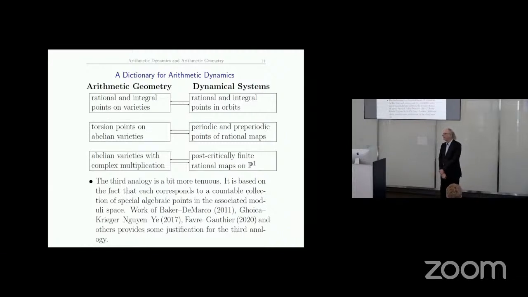And they're characterized by the underlying object having some special property. So work in the last decade or so by a number of people has provided some justification for the third analogy, but there's still a lot of vagueness there, especially if you try to go to higher dimensional dynamics.